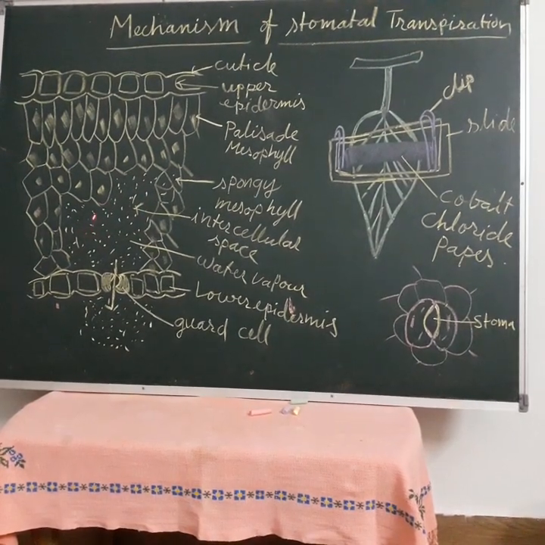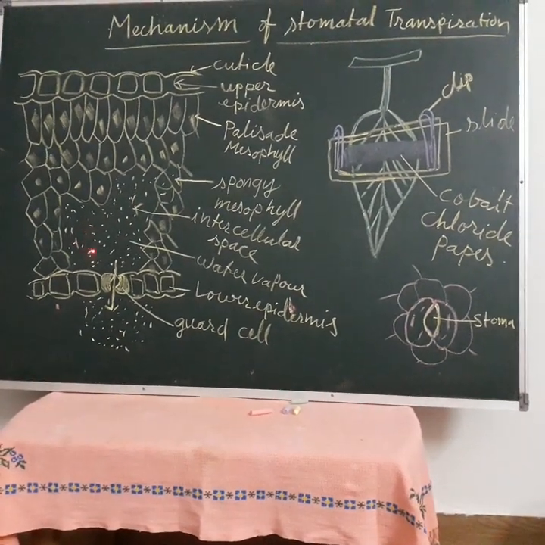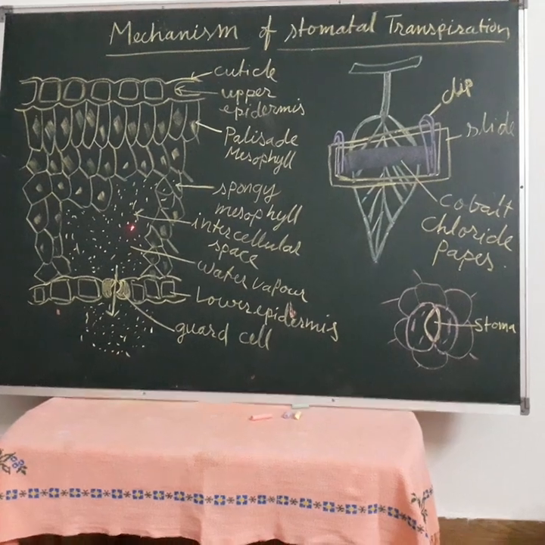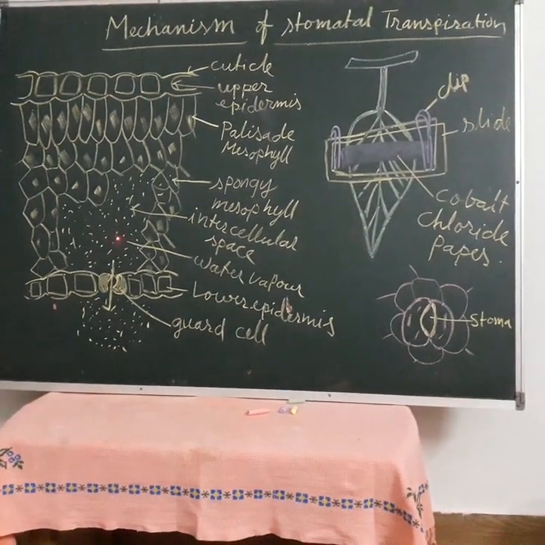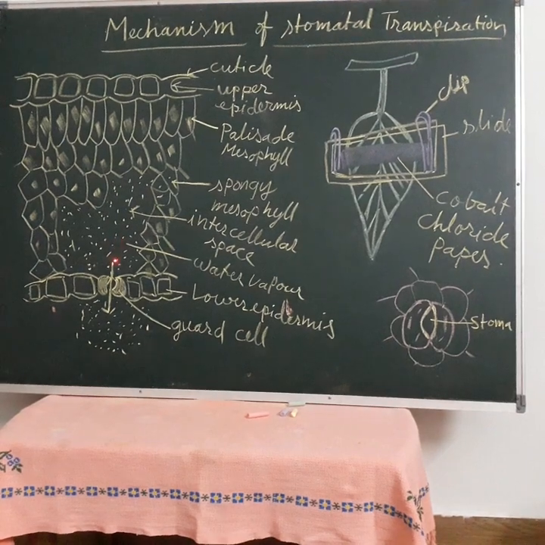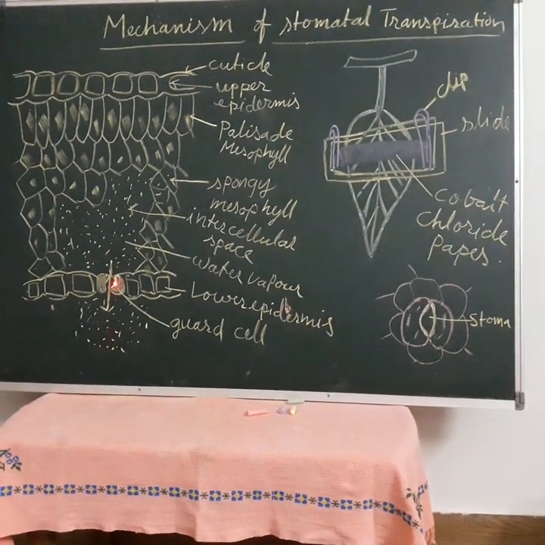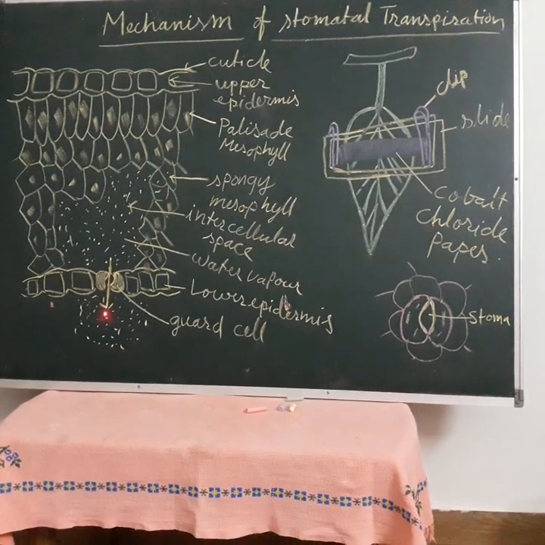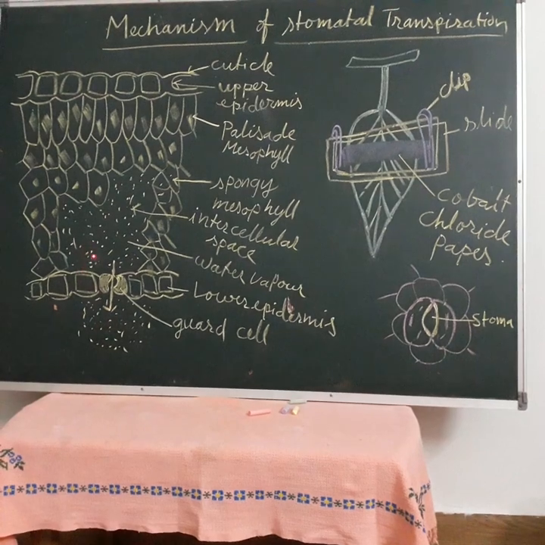This water gets evaporated and makes the water area saturated, and since it is more saturated, it moves to the outside environment through this stoma or stomata due to diffusion.